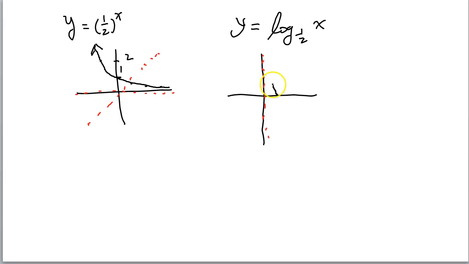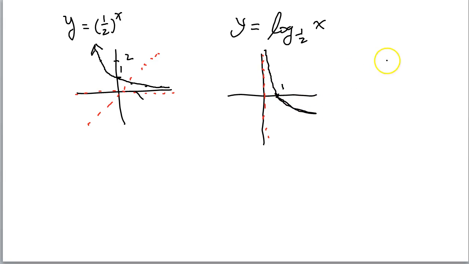So it's actually like that, where this point is still 1, and it bends like this. If you think about how this flips over, this thing flips over here, and that's the graph that you get.